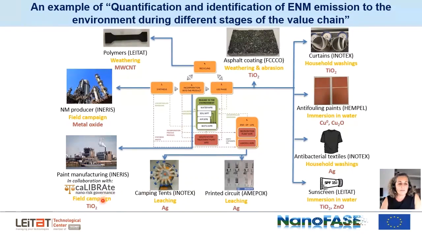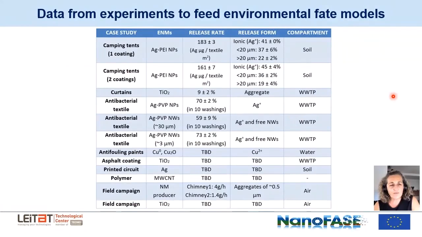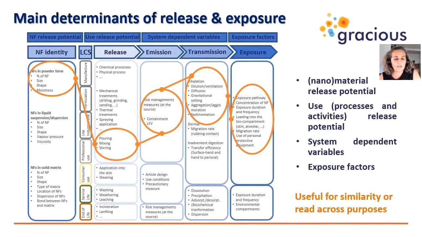And these examples have been run during different projects, Calibrate and NanoFASE, and the release rates have been determined. So the data that we could get out from these experiments is showing here how we can get the release rate, release form, and the compartment where it will end up. And this information is all requested by the model, so we have it produced.